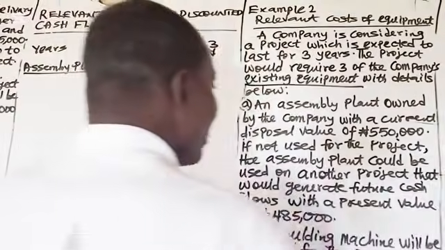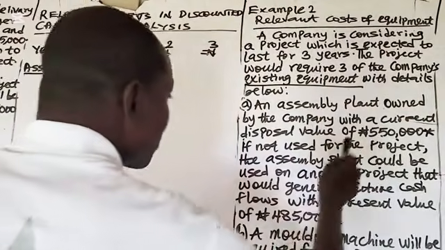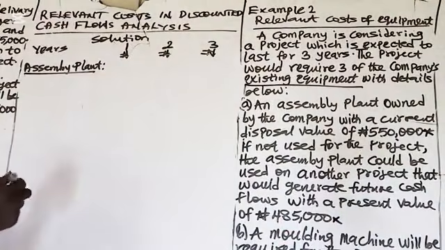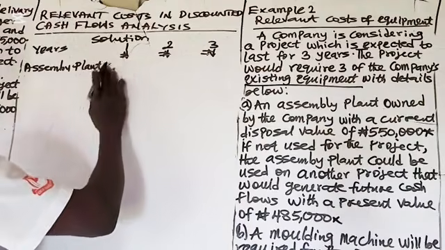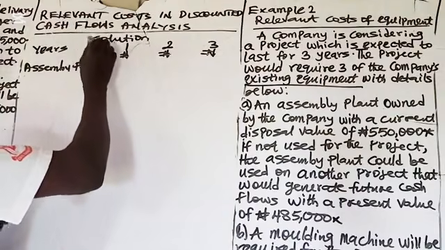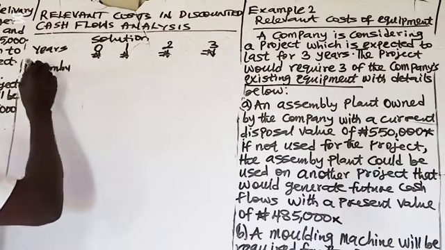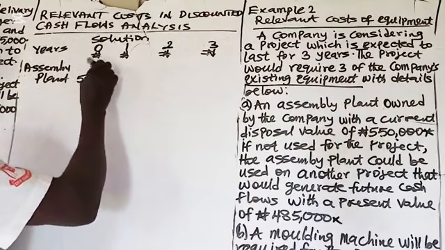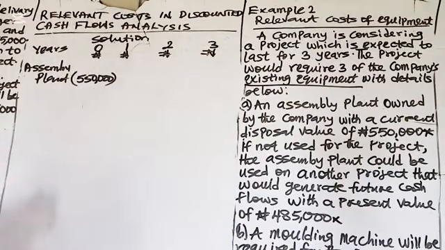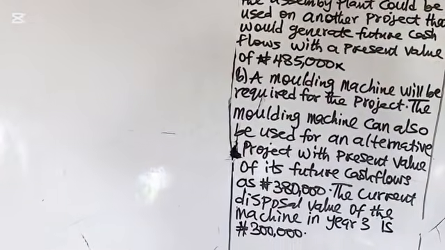So the higher of these two is the relevant cost, and 550,000 is the higher. So the relevant cost of the assembly plant is 550,000. So we have year 0 as well, and that will be treated as an outflow in year 0. So no other cost pertaining to assembly plant will be relevant.